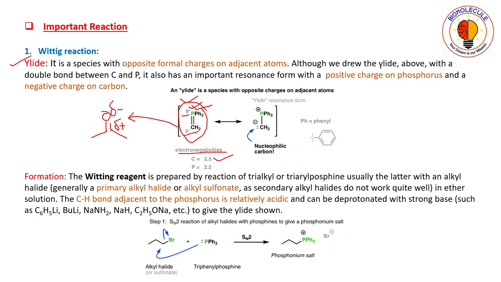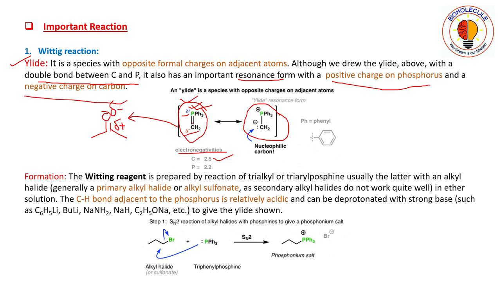So although we drew the ylide above with a double bond between carbon and phosphorus, it has an important resonance form, with a positive charge on phosphorus and a negative charge on carbon.